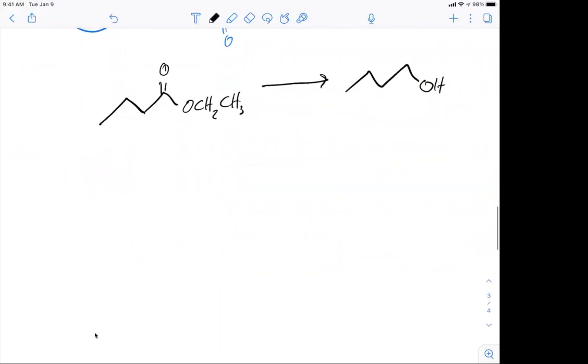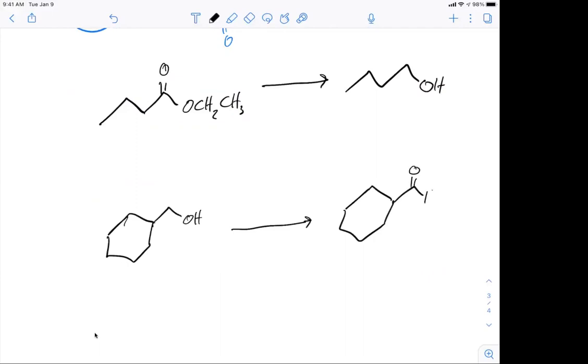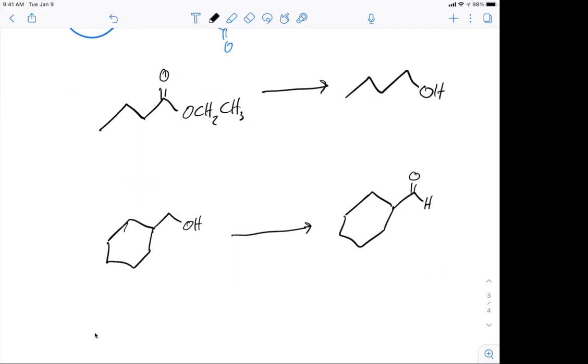So let's do 2 more. Yeah, NBS adds allylic, so it adds benzylic and allylic, so it favors one away from a pi bond.